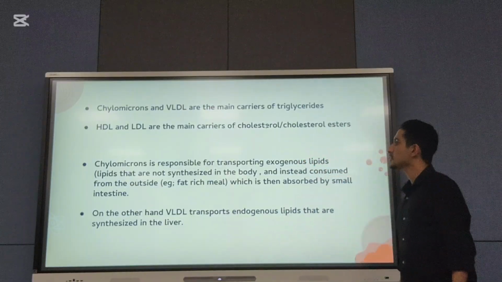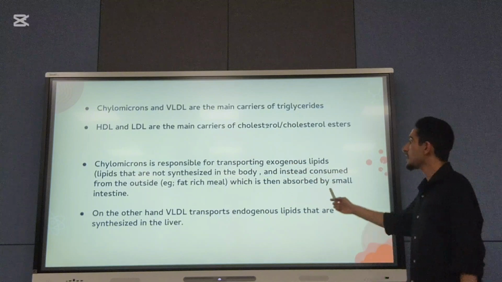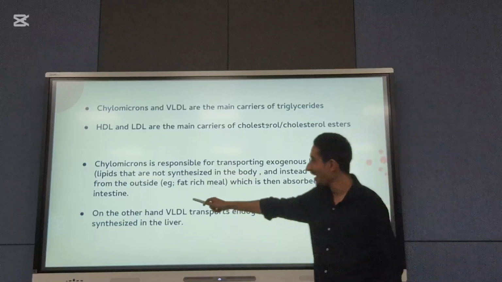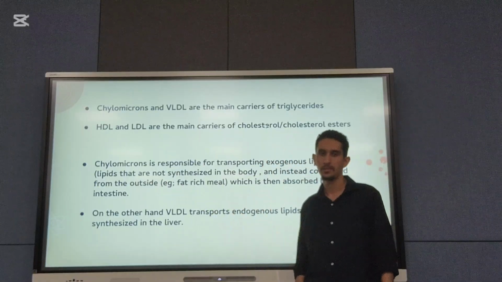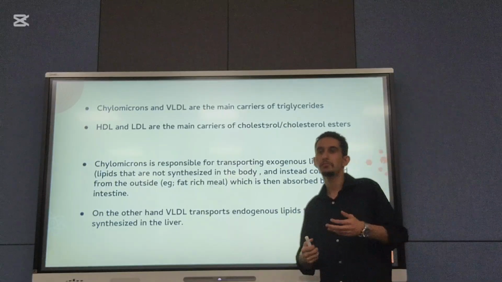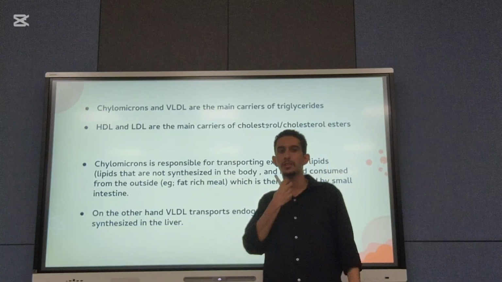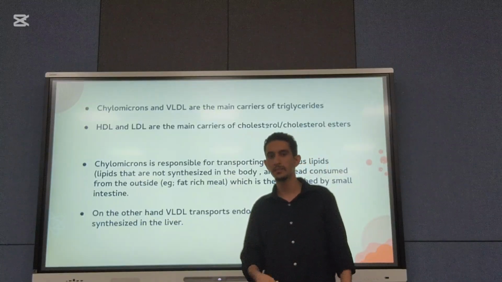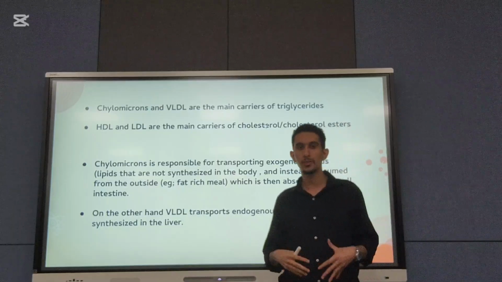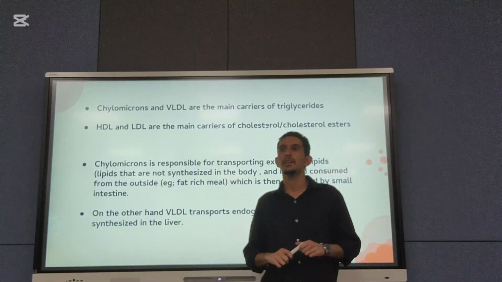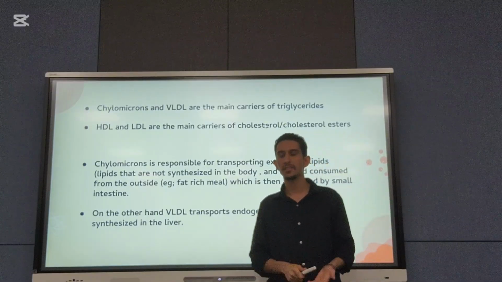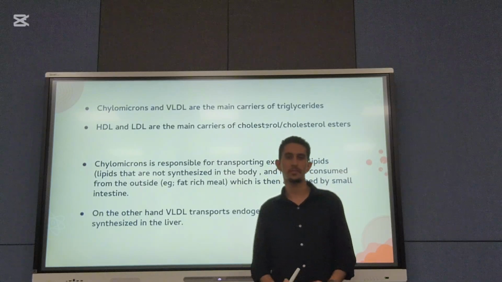So chylomicrons are responsible for transporting exogenous lipids, lipids that are not synthesized in the body. Lipids we take in the meal. We eat a meal. Where does the food go? Esophagus, down the GI tract, to the stomach, and then to the small intestine. In the small intestine, it will get absorbed. We need to know this: chylomicrons are synthesized in the small intestine.